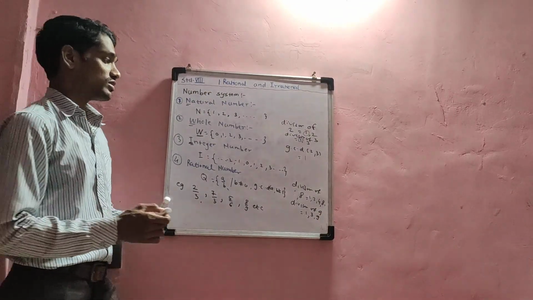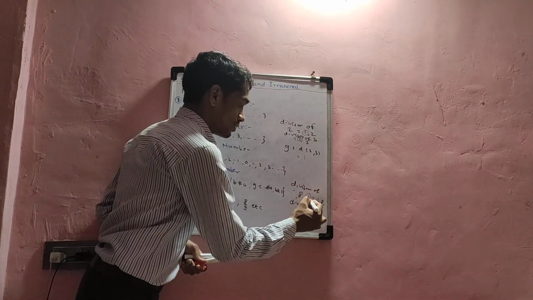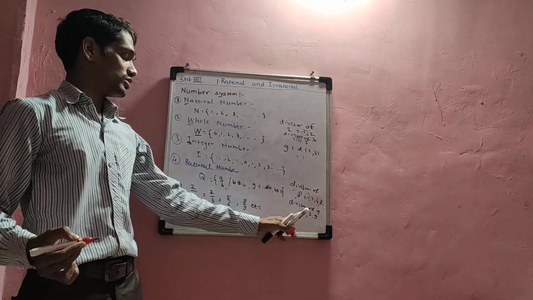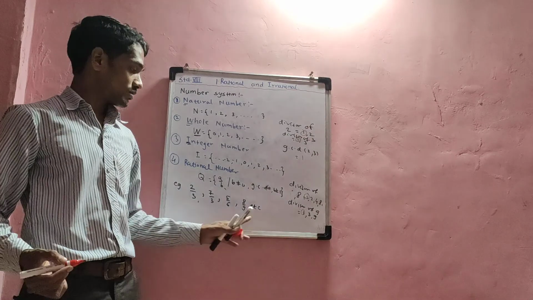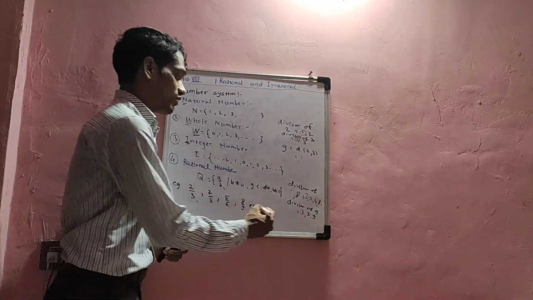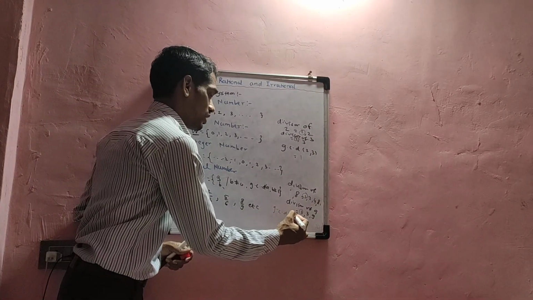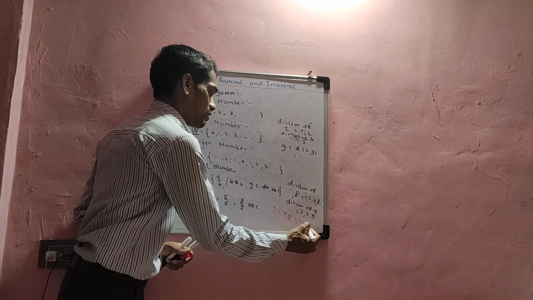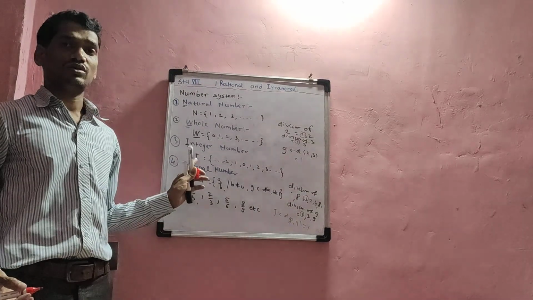Which one is common? Only 1 is common. So the GCD of 8 and 9 is 1, so 8 by 9 is also a rational number.